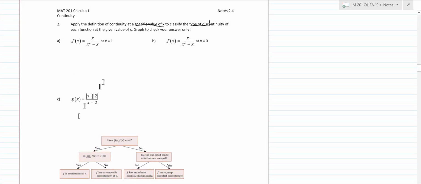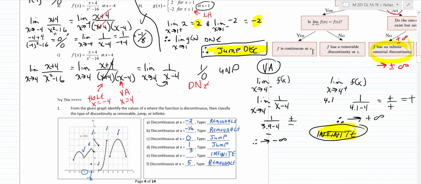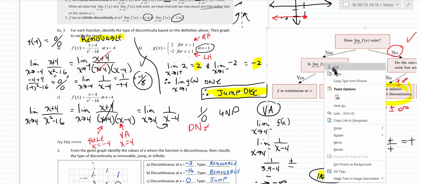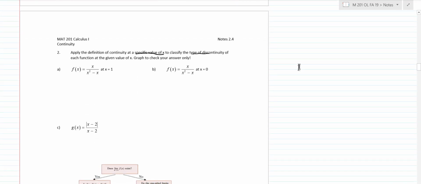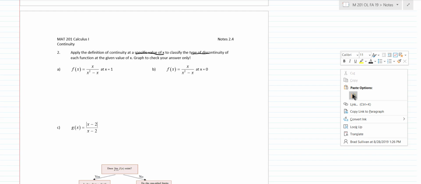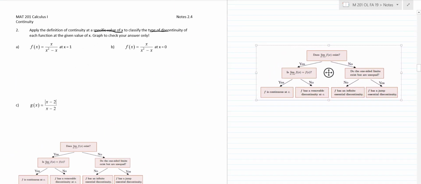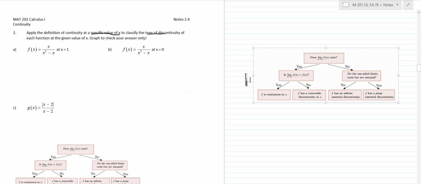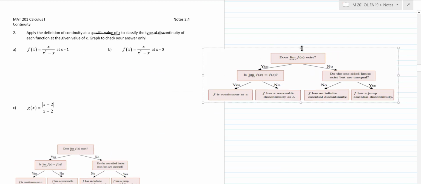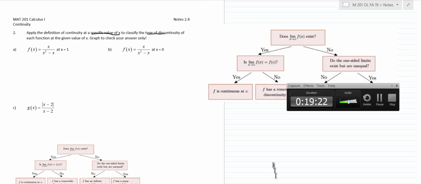Now, before you check the answers and resume the video, it's not a bad idea to check on a graphing calculator and see if you're correct. But try to just apply that flow chart. I'm going to make a copy of that flow chart and put it right here. Okay, go for it. See how you do.